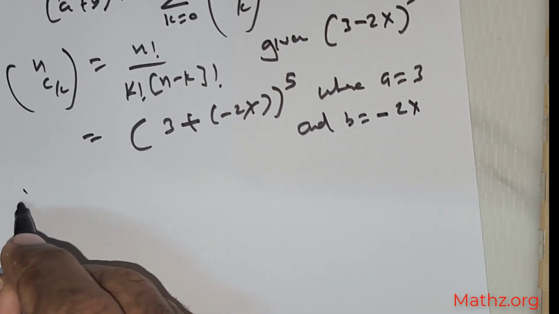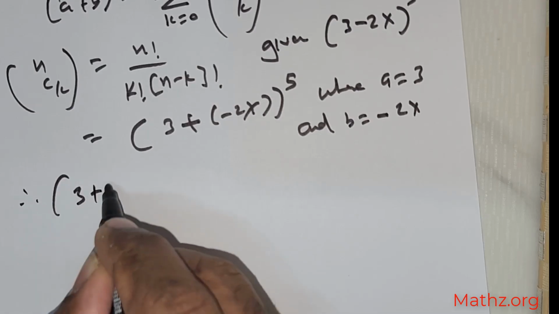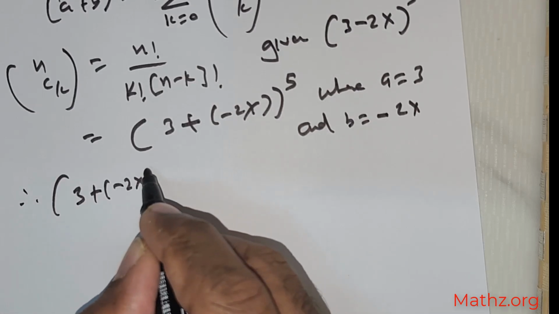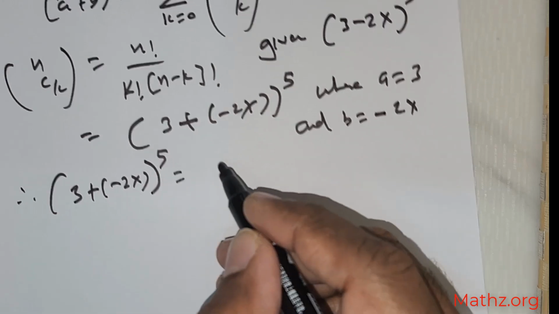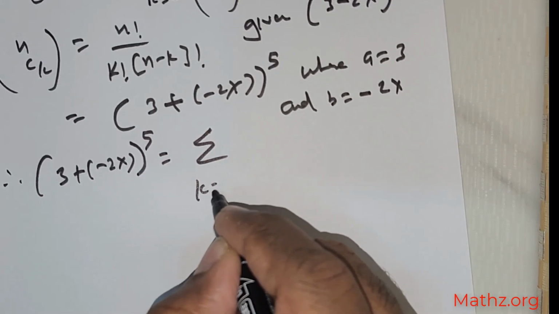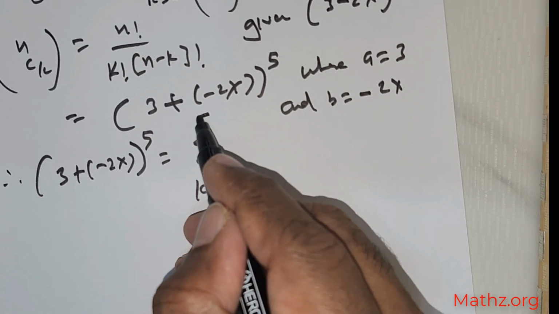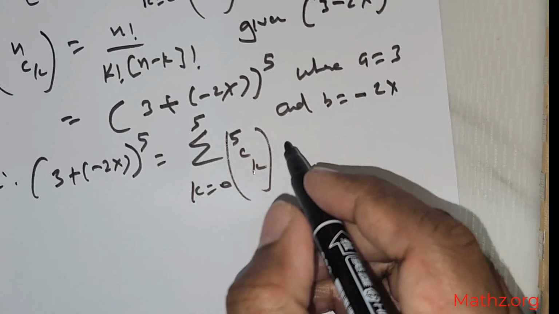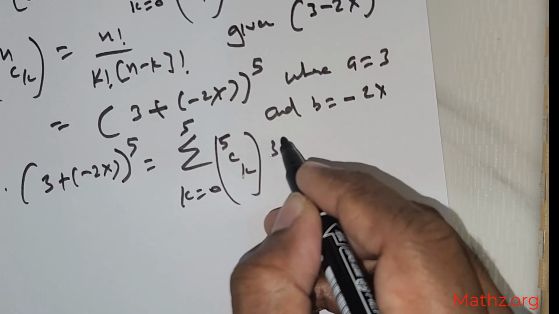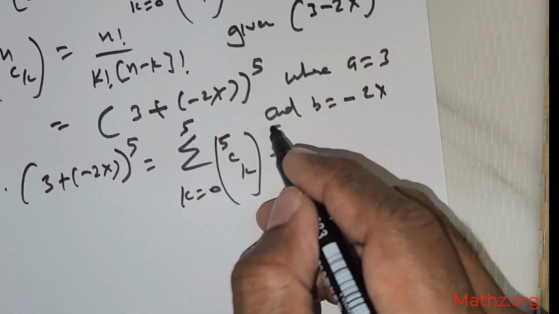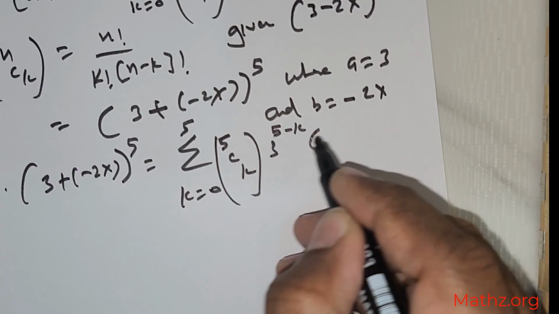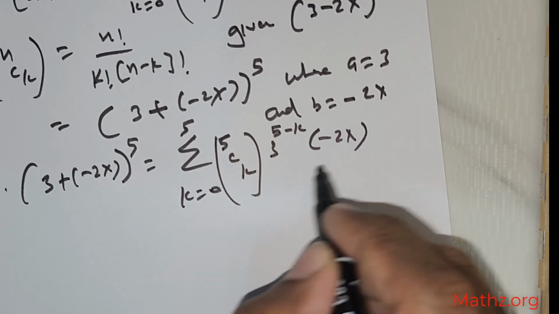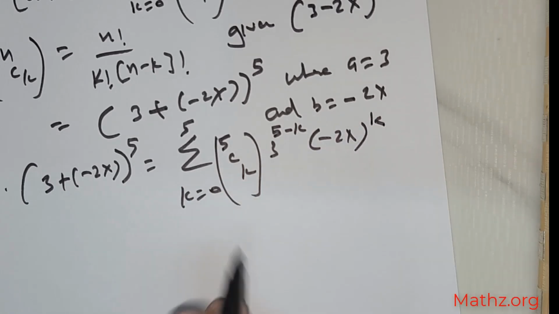So therefore (3 + (−2x)) raised to the power of 5 is equal to the sum from k equal to 0 to 5 of 5Ck times 3 raised to the power of 5 minus k, times (−2x) raised to the power of k.